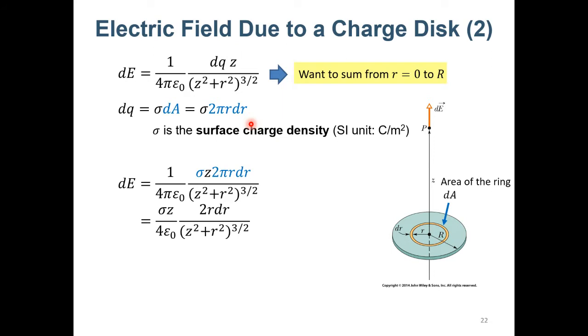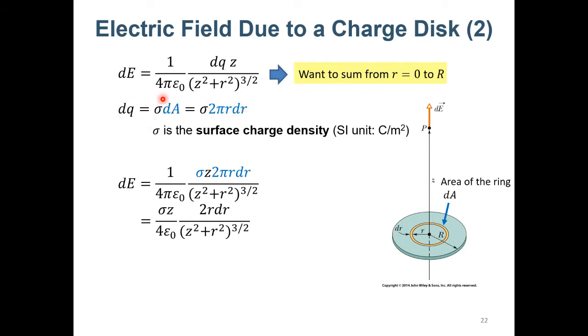In this case, the length of this circle should be 2 pi r. Actually, you should have learned it in primary school. And the height of this rectangle should be dr. So the area of this ring should be 2 pi r times dr. And what we write here is dA. dA is the very small area, and dA should be 2 pi r times dr.